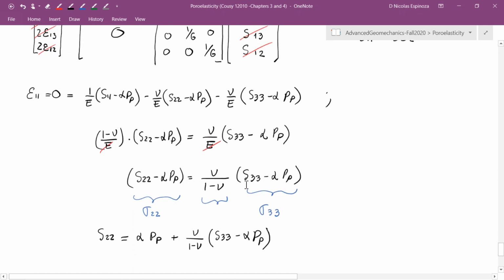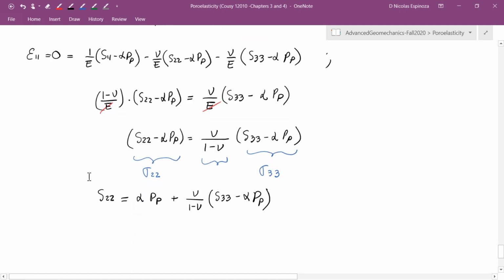So this will be directly, in this case, SH min or SH max, which are the same, so there is actually no reason to call it SH min or SH max because they are the same in a tectonically passive environment. And this is the equation that you need, right? Where instead of S33, you will just use the vertical stress. So this one is SV.